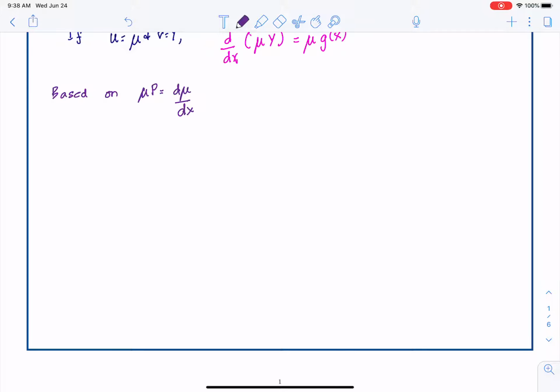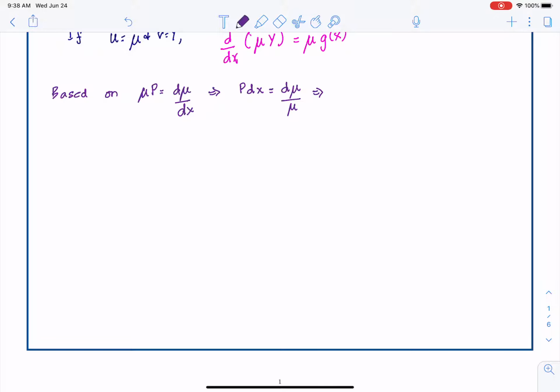If you observe carefully, that is a separable equation. p is a function of x, and mu is mu itself. So we can move all the mu terms to one side and p and dx to the other side. So I could rewrite this as p times dx equals d mu over mu.